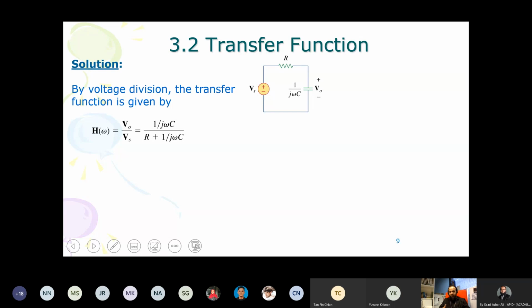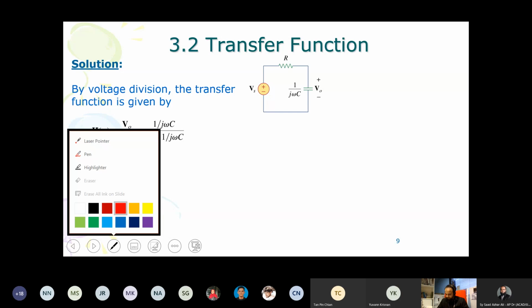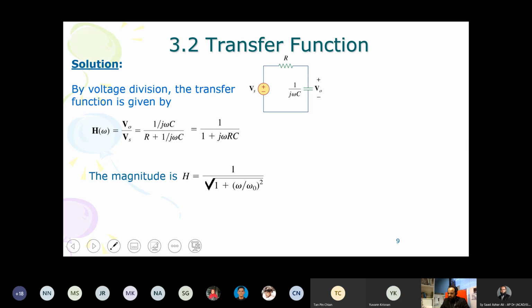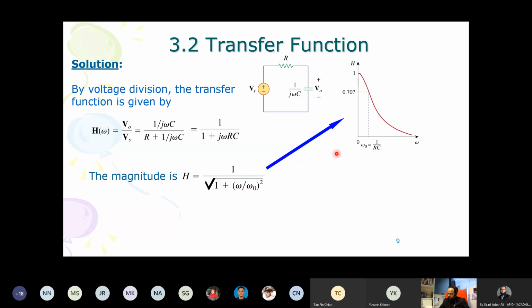So this is all what we did in the previous slide, just to discuss in a fair way. This is like applying voltage division and putting this in standard form. If we keep omega as 0, it will be 1 upon 1, starting with 1. And if omega equal omega naught, it will be 1 upon under root 2, which means 0.707.